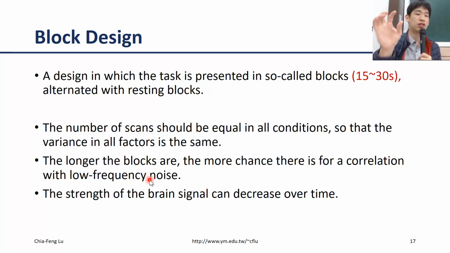This kind of low frequency noise may mix into the BOLD signal. If you use a very long block, for example 40 or 50 seconds, you have a high possibility of mixing the low frequency noise into your BOLD signal. So normally the common number is around 20 seconds.